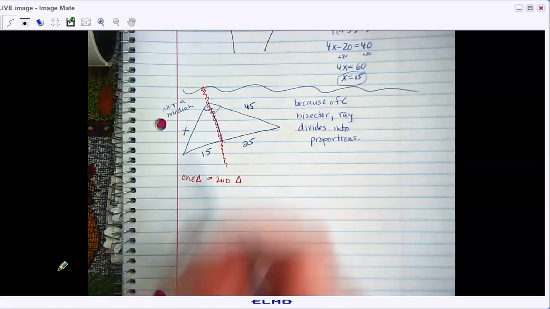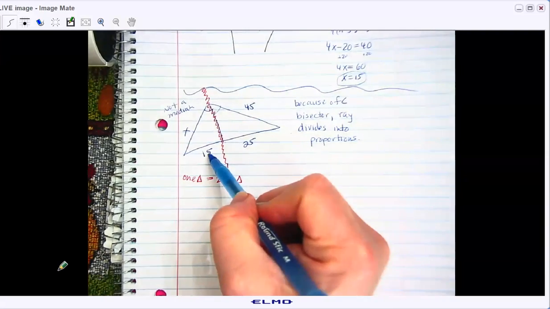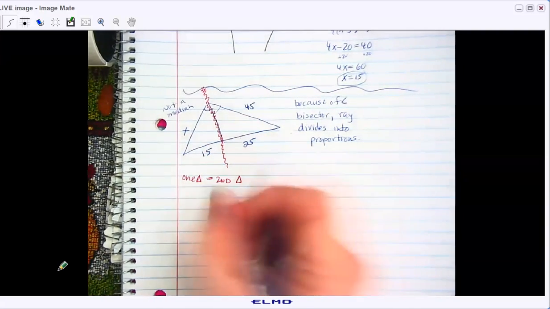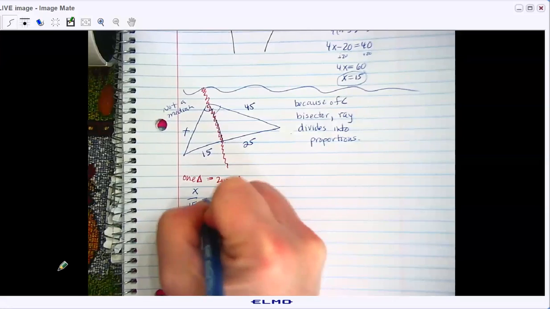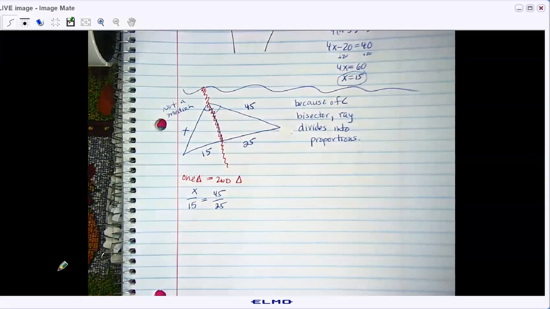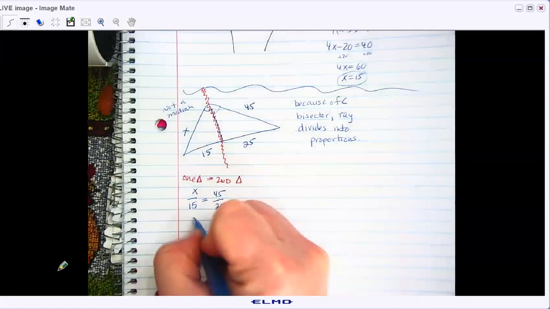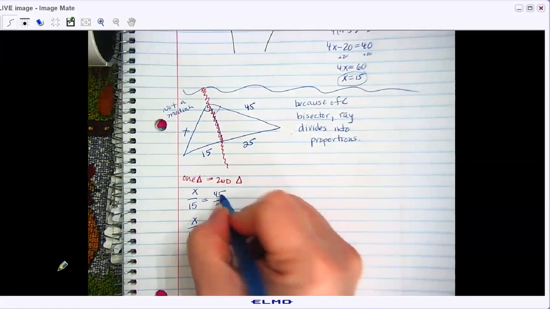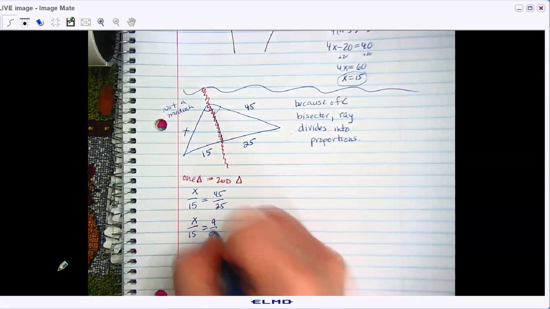So we would go x over 15, the side over the bottom, is equal to 45 over 25. And solve. That's it. Once we understood the idea behind the proportions and how to set them up, it applies to everything. So reducing this side, x over 15, reducing by 5, I would get 9 over 5.